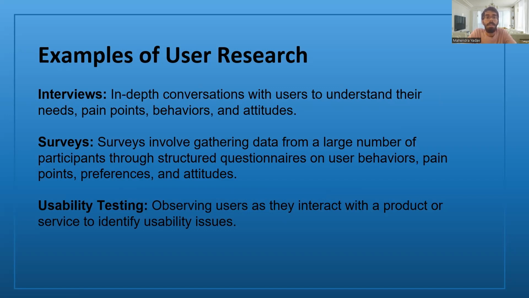In surveys, you will gather data from a large number of participants through structured questions and answers. So you will give some questions and the user will fill in the answers. You can also suggest some choices to select. Now you will get to know about the user behaviors, pain points, preferences, and attitudes through the surveys. Usability testing. Basically, you will observe how users interact with your product or service to identify usability issues.